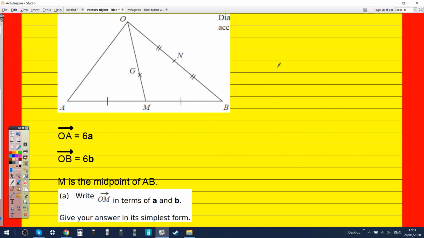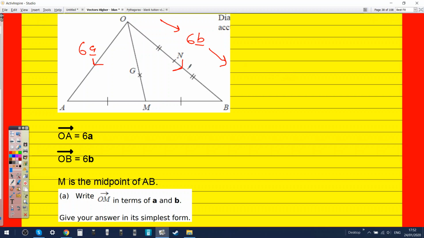Okay. So OA is 6A. Can you write that down? Yeah. So O to A, that's 6A. Then O to B is 6B. Is N the midpoint of OB?